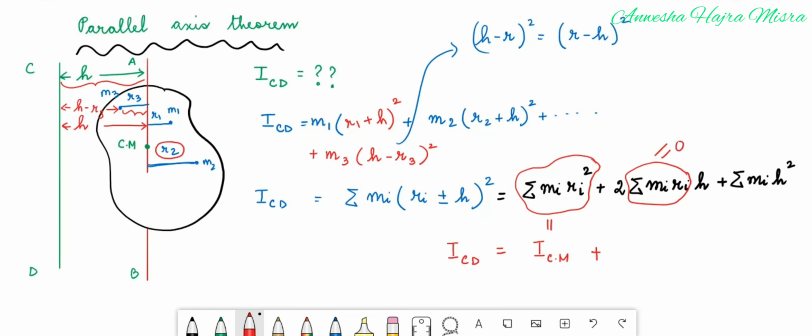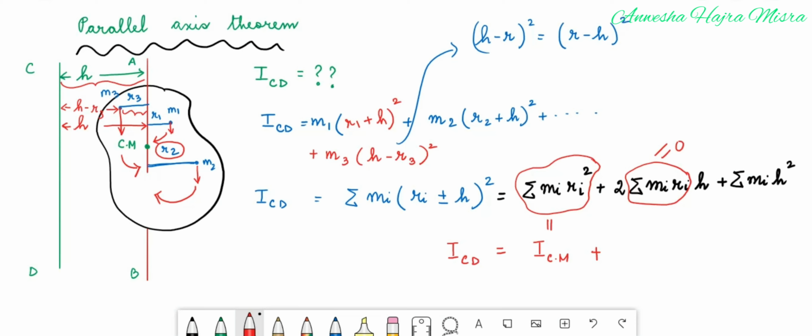Now why is it 0? m1 r1 is the moment about the center of mass axis. m2 r2 is again the moment about the center of mass axis. m3 r3 will give you the moment in the opposite direction.